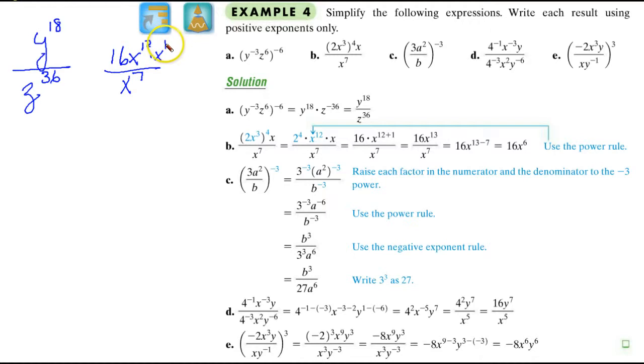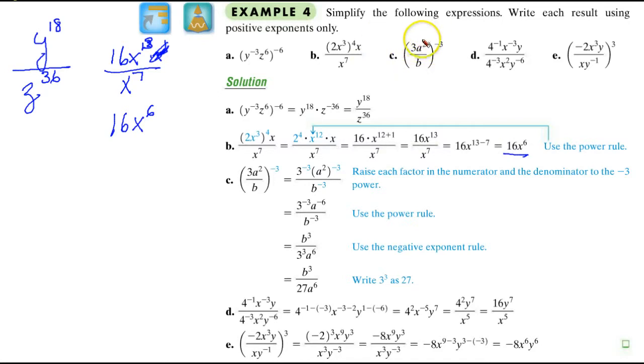Well, this is going to become x to the 13th. Let's make that a 13th here. We did away with that. And then we end up with 16x, subtract 7 from that leaves me with 6. And there it is right there.